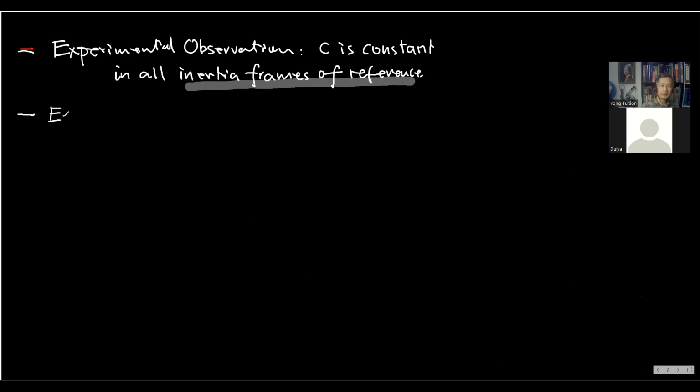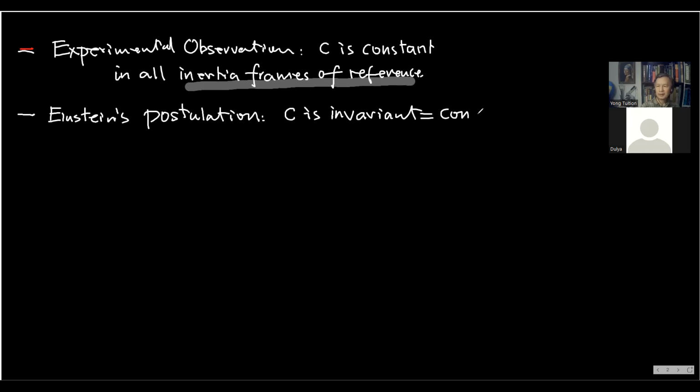Einstein called this a hypothesis or assumption, or they call it a postulation. Same as a hypothesis, right? The same. So C is invariant, namely constant. Okay.